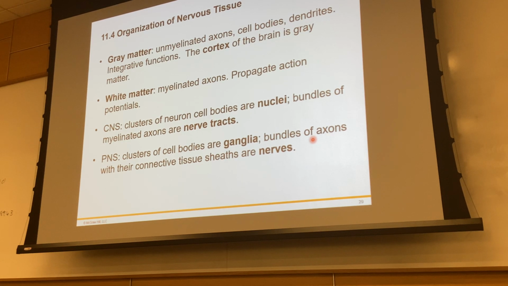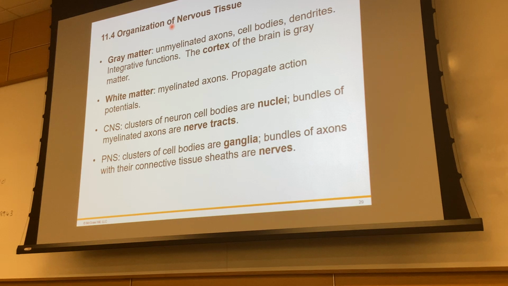All right. So we talked a little bit about nervous tissue and nervous tissue repair. We talked about the structure of neurons and the function of neurons. We talked a little bit about the general terms for sending a signal, or the action potential.